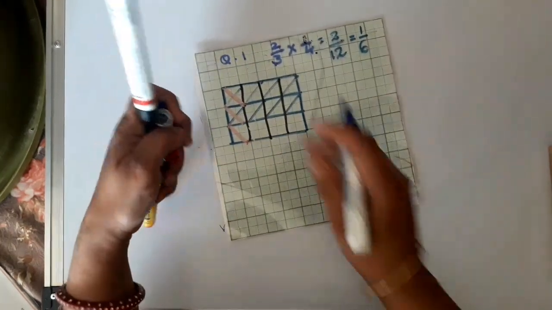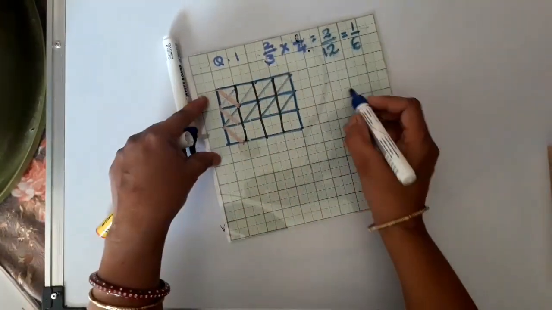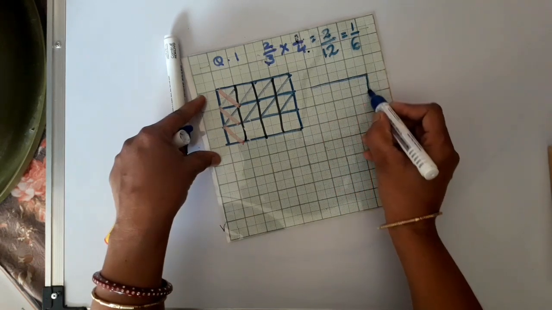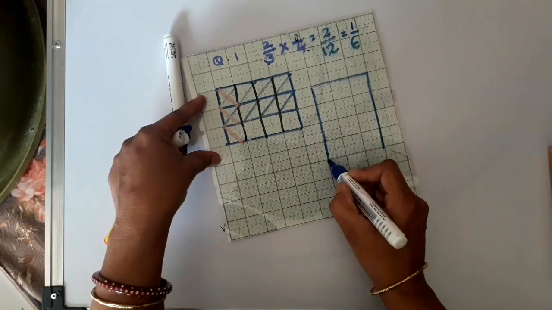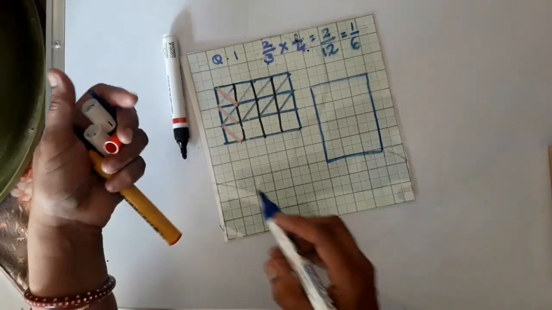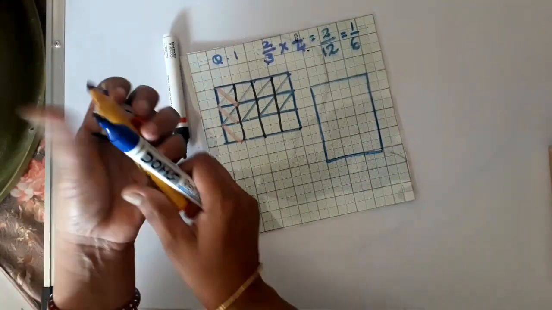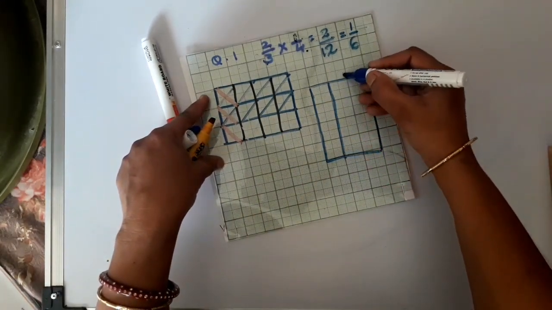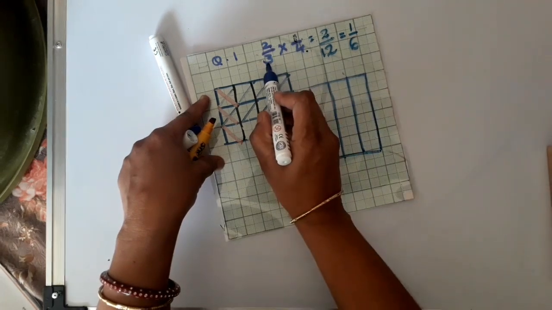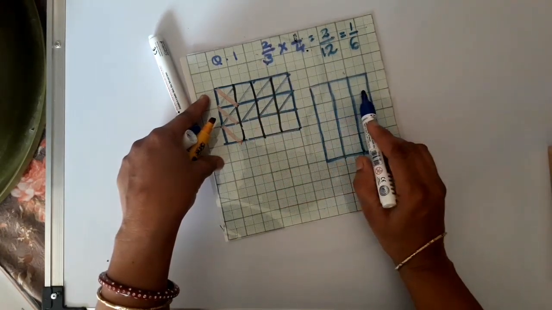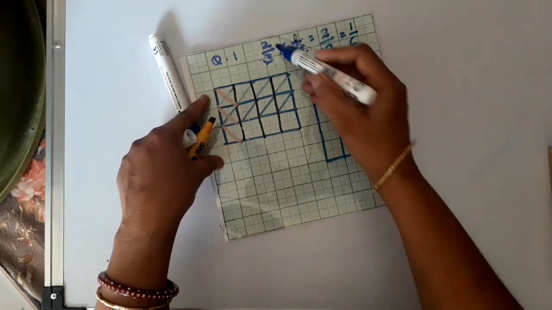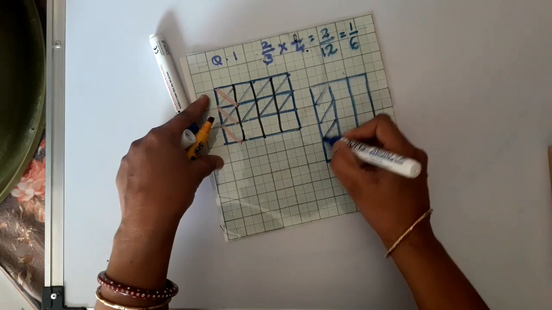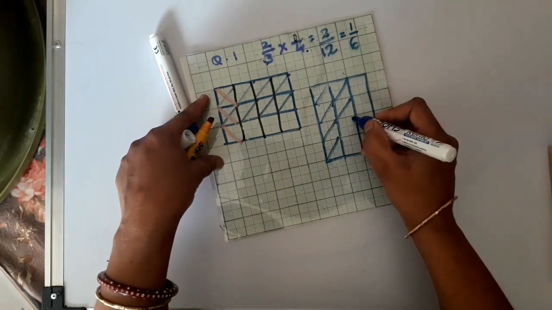If somebody has made a rectangle like this, say 4 by 3 or 3 by 4, then how do they need to shade it? Shading should be done appropriately. Now this way they can make 3 equal parts, 2 by 3, so 3 equal parts. Out of 3 equal parts, 2 parts are to be shaded. So this is the first part and this is the second part.